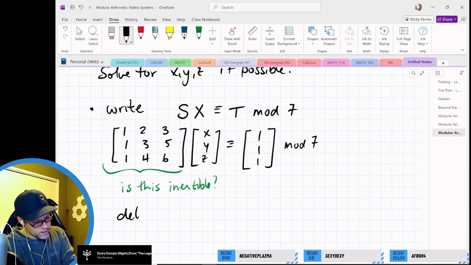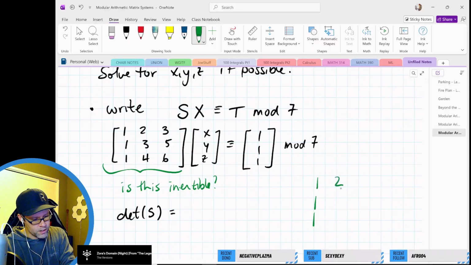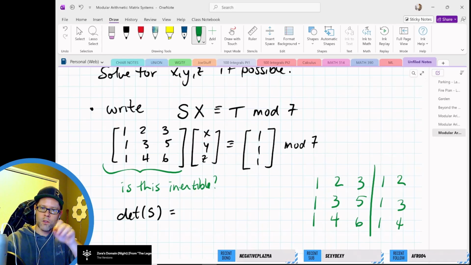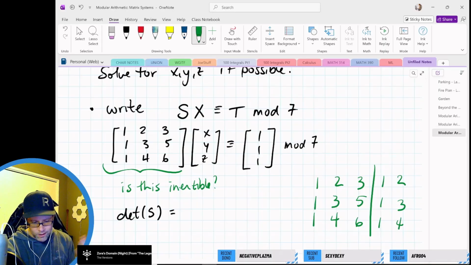So what is the determinant of S? Well, there's a bunch of different ways to do this. I usually do the lazy way with the 3 by 3. I'll take my 3 by 3, append the first two columns, and then do the weave method.